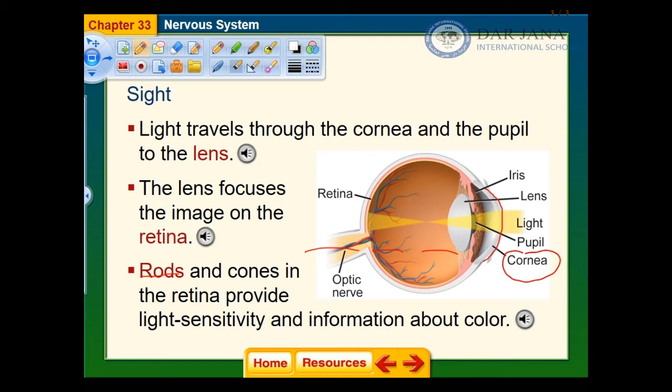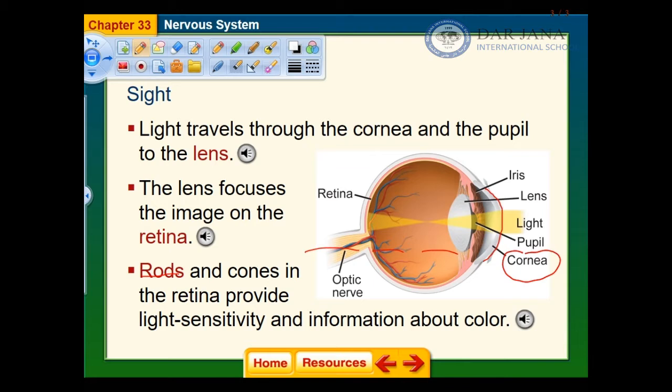For your information, the cornea is the only tissue in our body that is not supplied with blood vessels, to ensure that it remains transparent and not blocking sunlight from entering our eye. So first of all, the light hits the cornea.